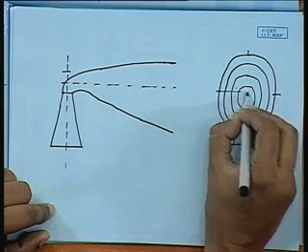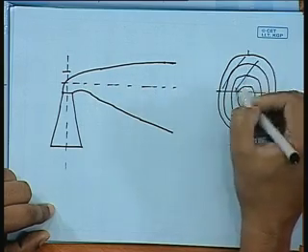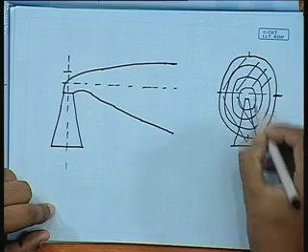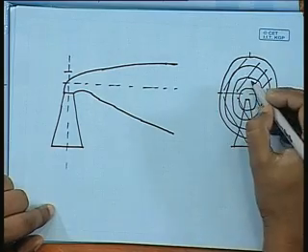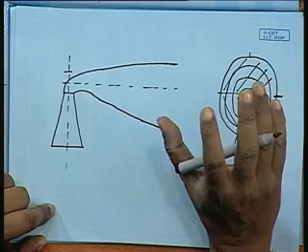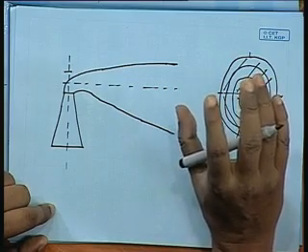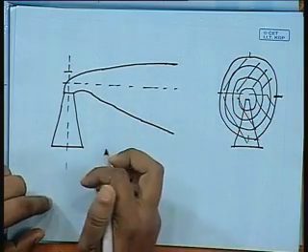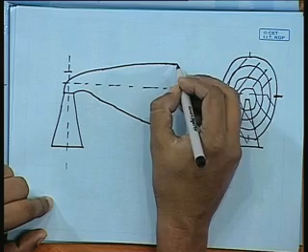These two sides would be identical. This is the plume boundary.